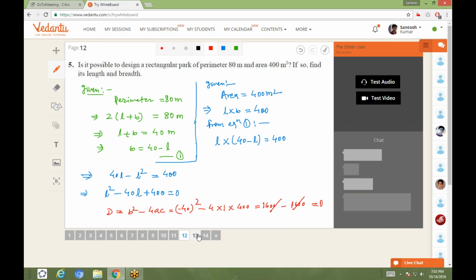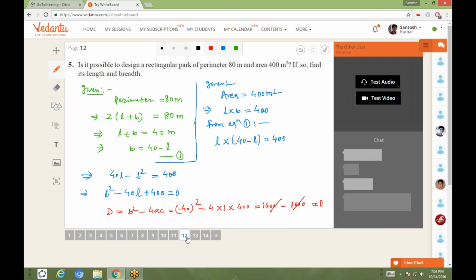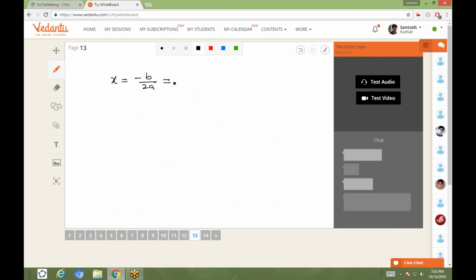So directly we can write the solution as minus B by 2A, that is 40 by 2 into A, where A is 1.